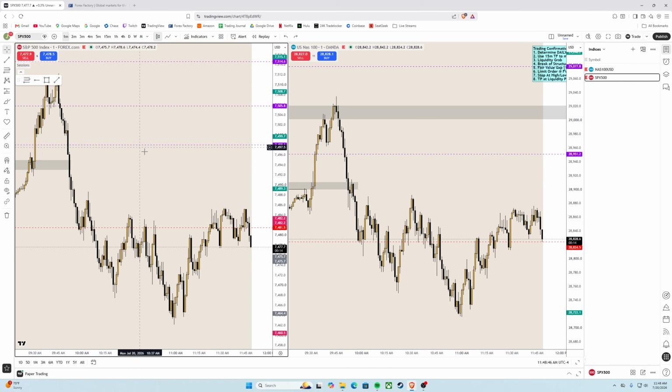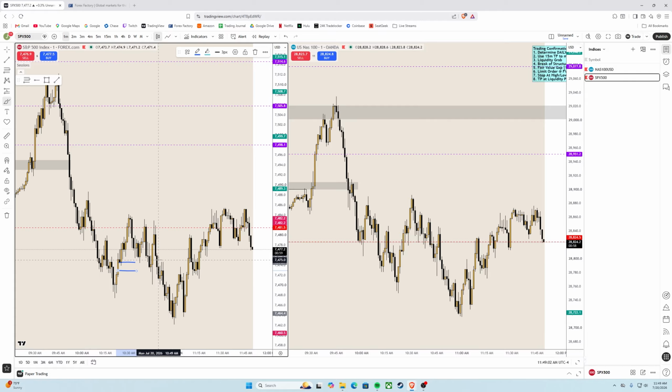So if my targets were taken, then there's no reason for price to go higher, right? Price took the targets, so I'm not going to sell price or watch price go under the liquidity to go down here and then try to enter for a buy.